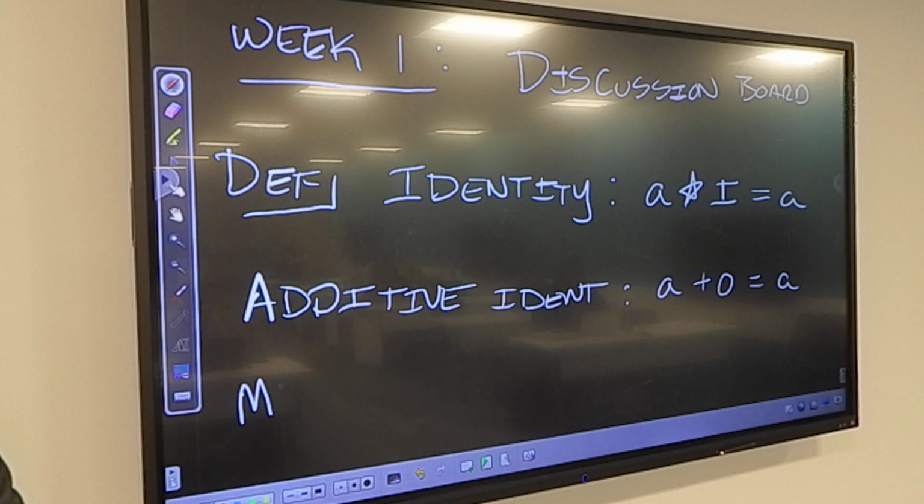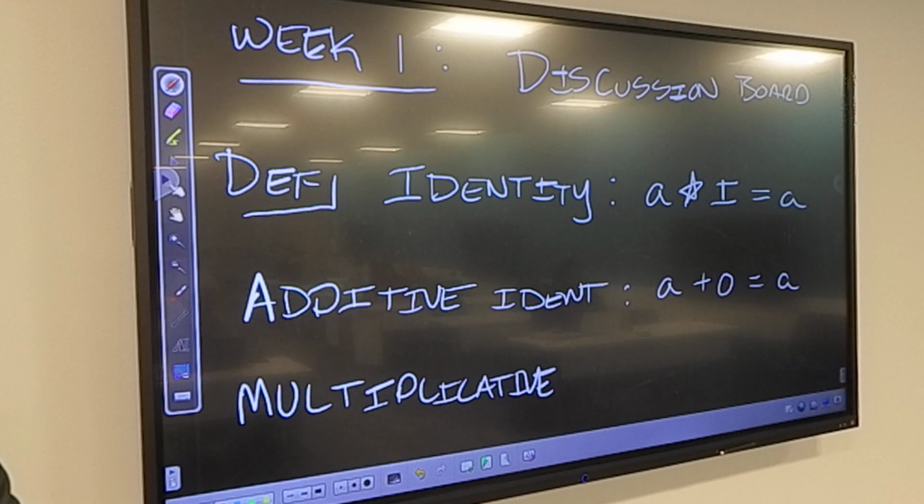What about then the multiplicative identity? That's where I take some number. In this case, it can't be any random number you'd like. It's got to be a number different from 0.